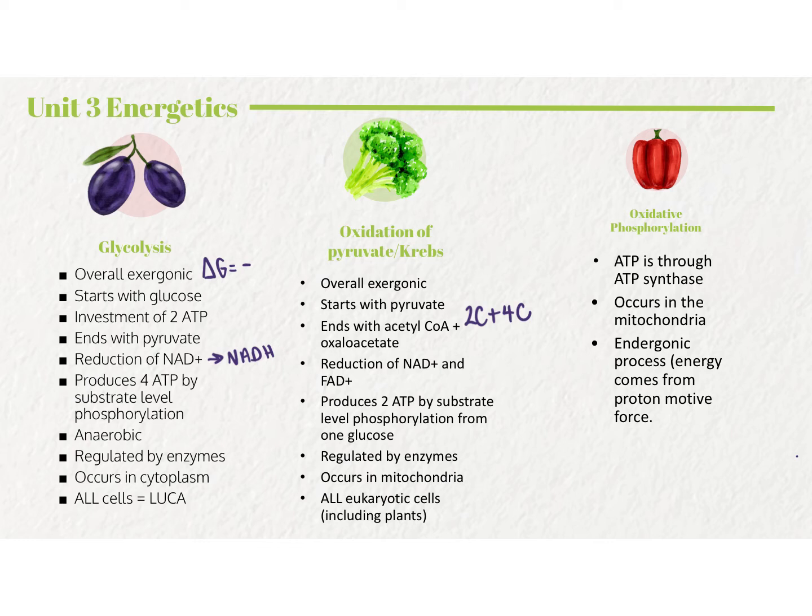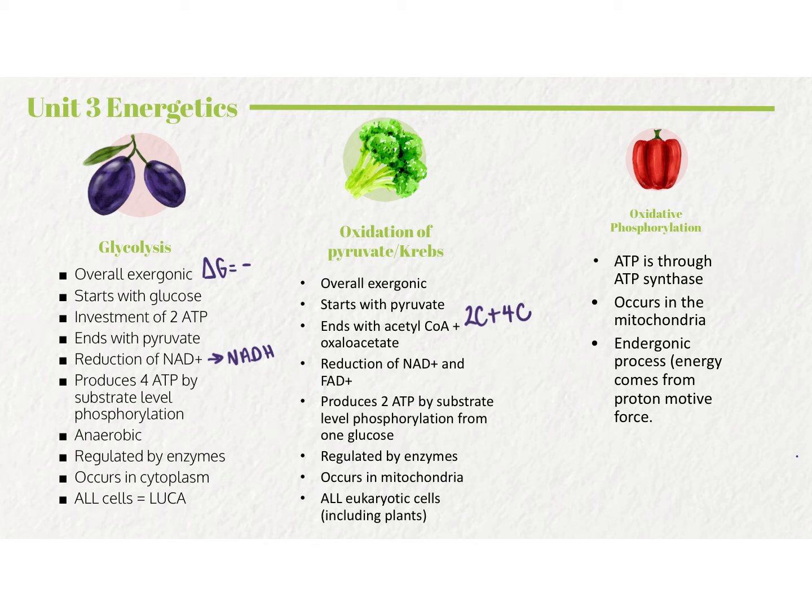Now, thanks to this hydrogen ion concentration gradient, we're now going to produce ATP as H+ flows down its concentration gradient. This process is known as oxidative phosphorylation, and it occurs in the mitochondria, thanks again to that electron transport chain creating the gradient difference.